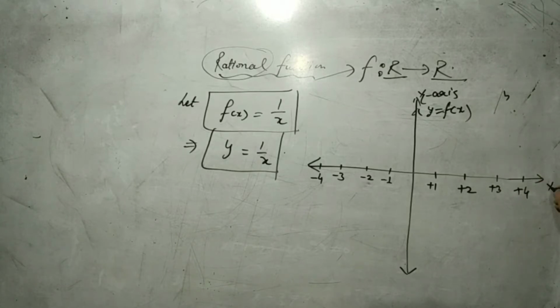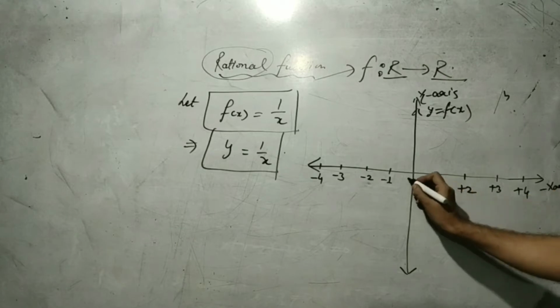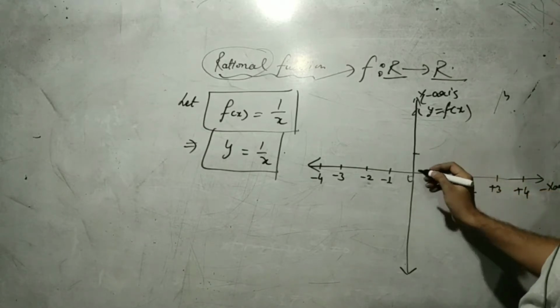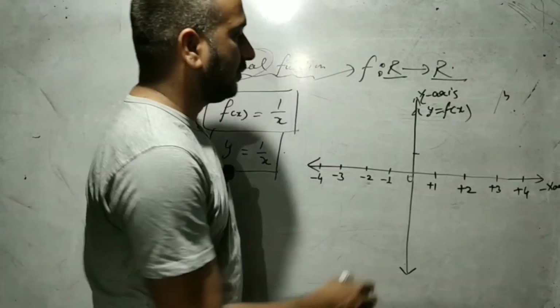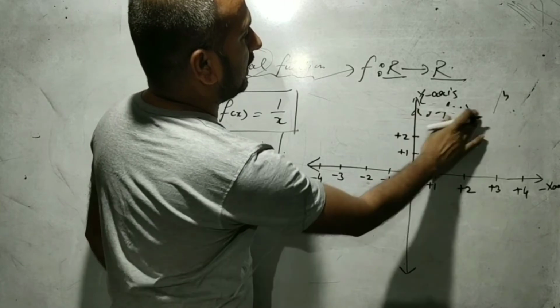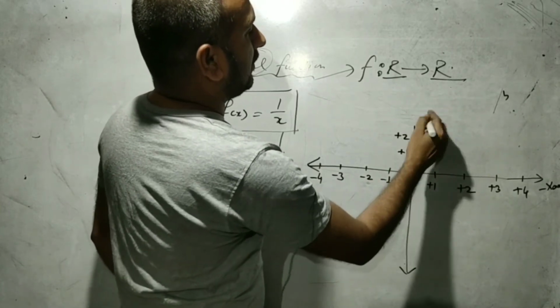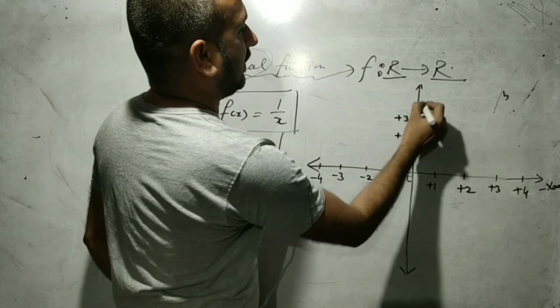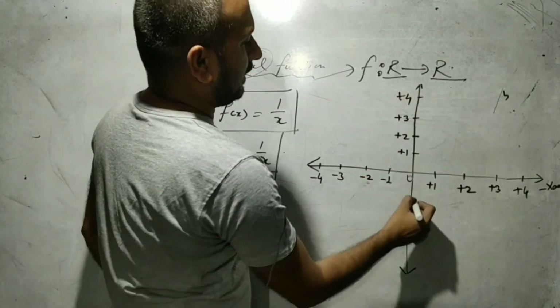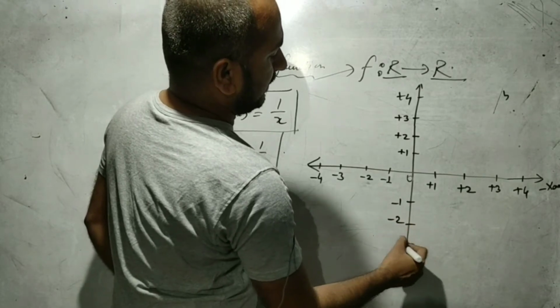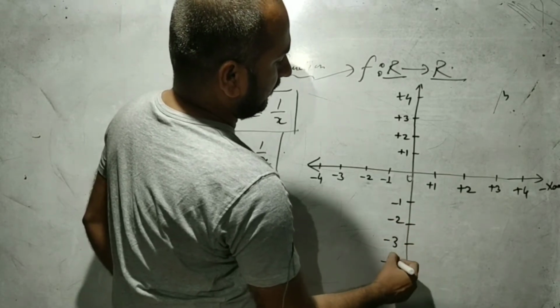It is the positive x-axis and this is the origin. Then on the y-axis, plus 1, plus 2, plus 3 and the last is plus 4. And negative: negative 1, negative 2, negative 3, and the last is negative 4.